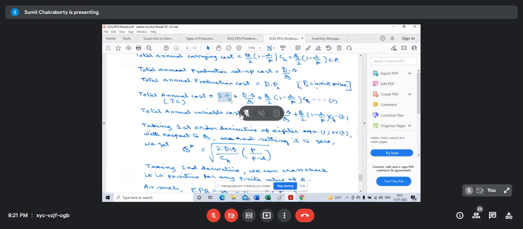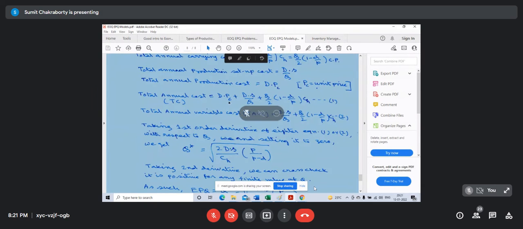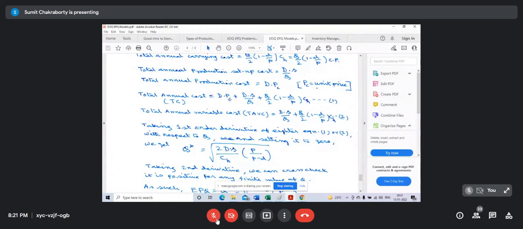Total annual production cost, PC means per unit cost, unit price, and the annual demand is constant as well. So you have to exclude this. This is constant, not variable. So you can minimize either of these two.